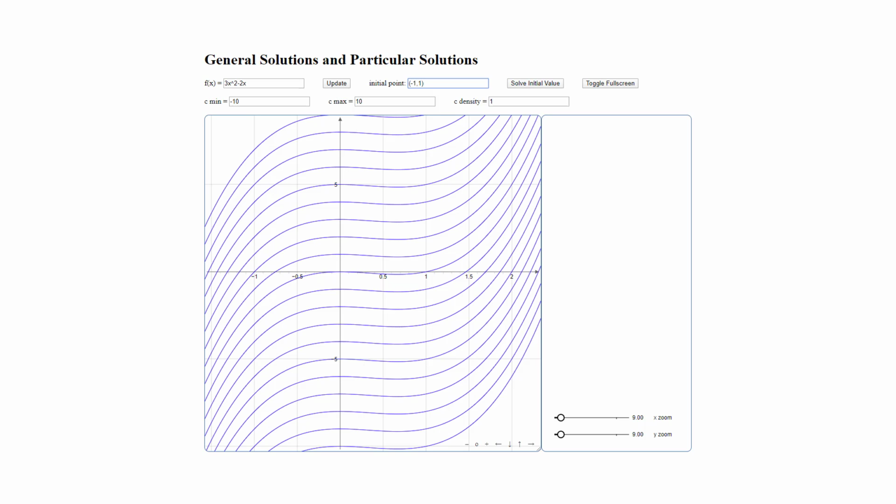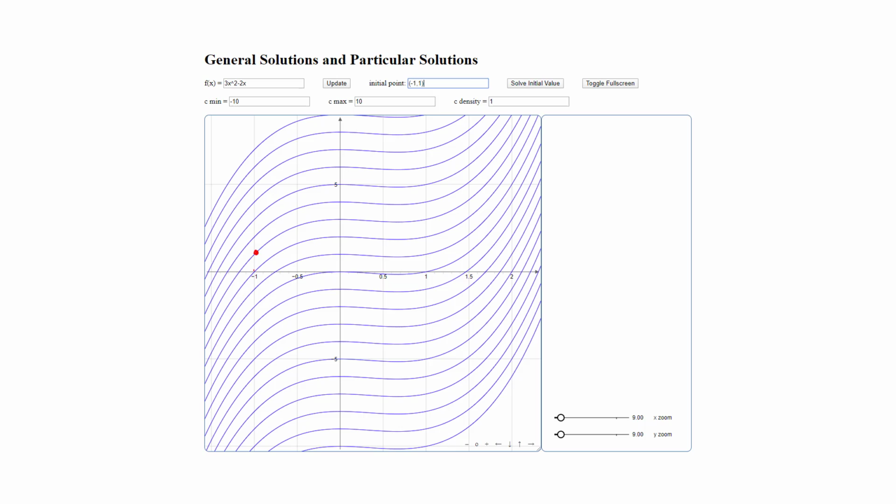However, we know that the point negative 1, positive 1 exists on this particular curve. My scale is strange, but it should be like that one right there. That should be my point.